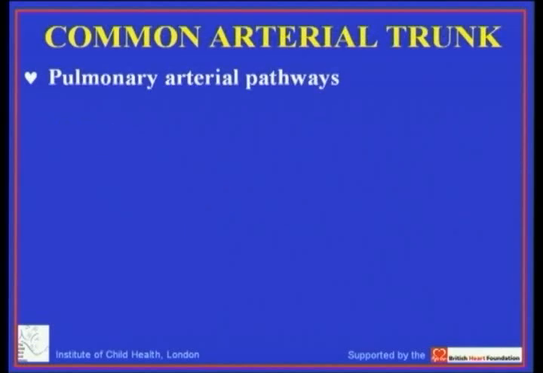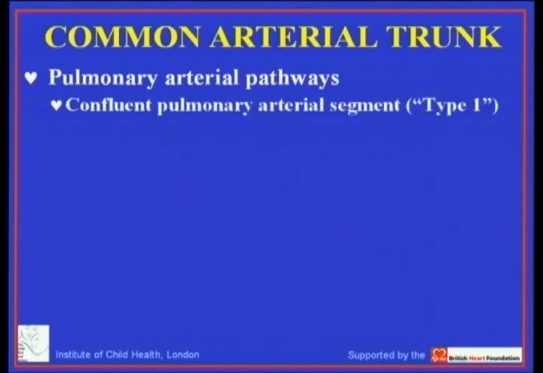The feature in the past that most frequently was used for subcategorization of common trunk was the nature of the pulmonary arterial pathways. And this was the system introduced by Collett and Edwards, and they indicated that you could find instances where the right and left pulmonary arteries arose by a confluent segment from the common trunk, and they called that type 1.